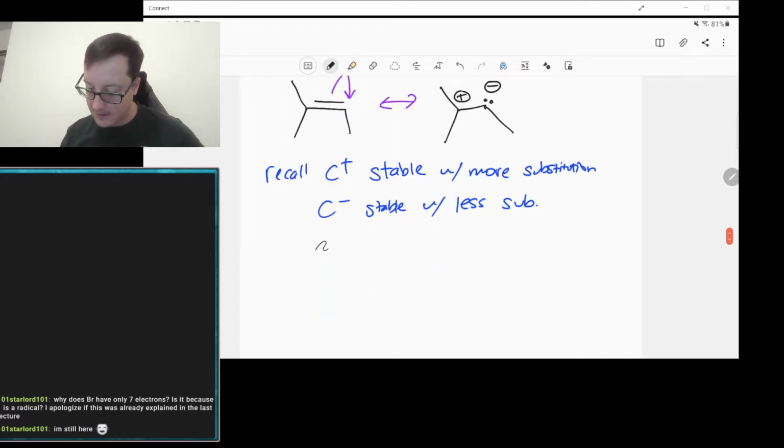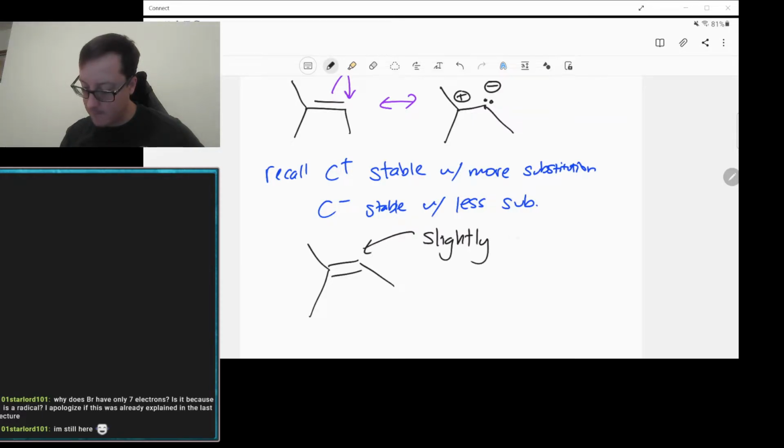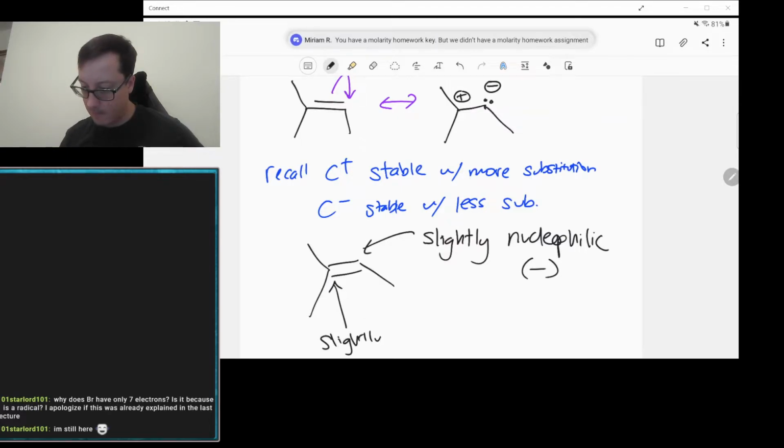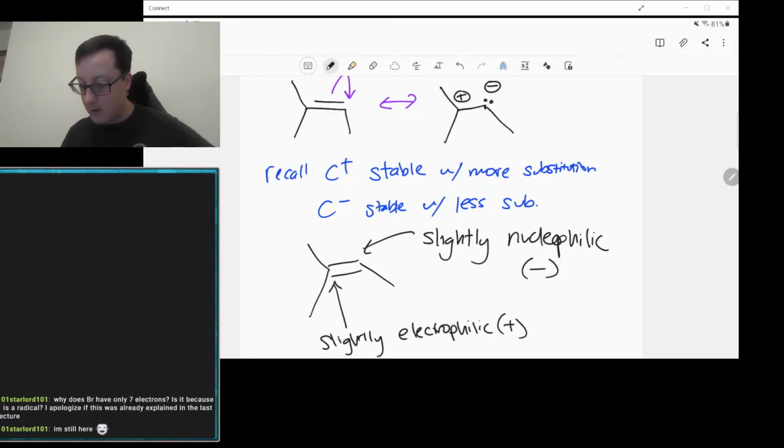So let's write that again. This side is slightly nucleophilic, or dare I say, a little bit negative. This side is slightly electrophilic, which will be slightly positive.